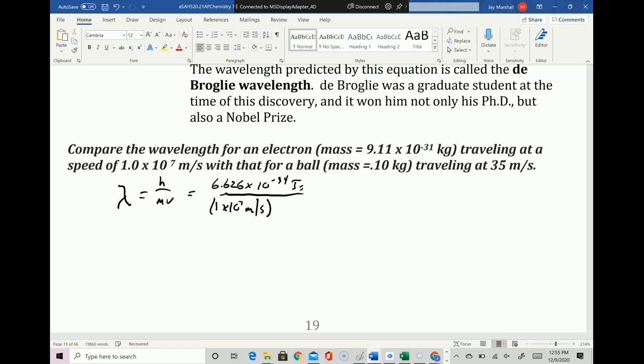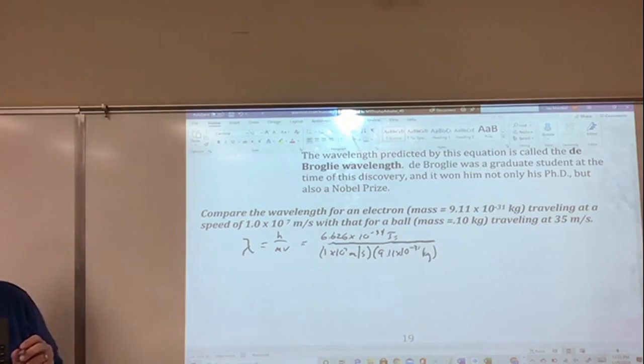times 9.11 times 10 to the negative 31st kilograms. Electrons are tiny. So if I could get someone to actually calculate that for me.